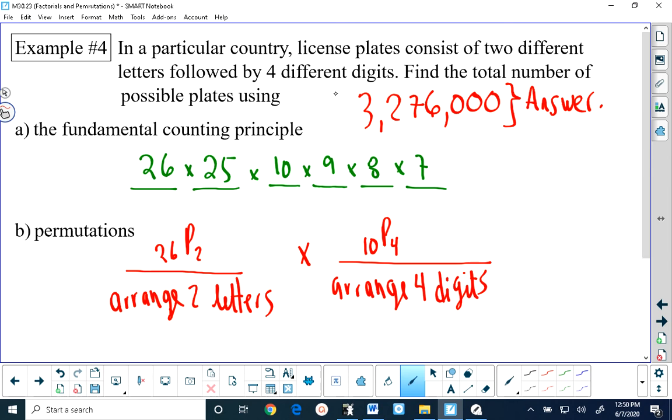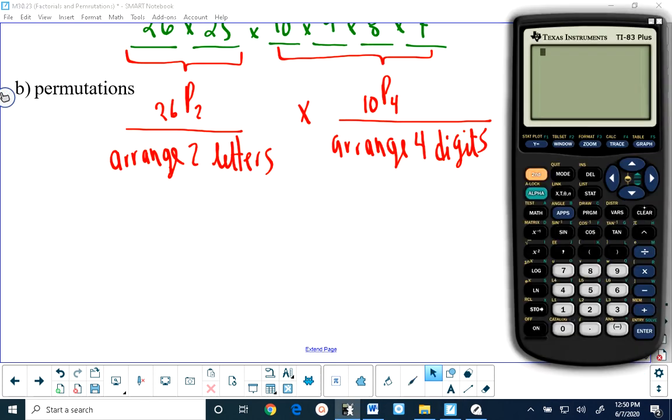Now, I am perfectly aware that 26 times 25 is 26P2, and 10 times 9 times 8 times 7 is 10P4. But that's not how we're going to calculate them in Part B. What we are going to do is use our calculator.